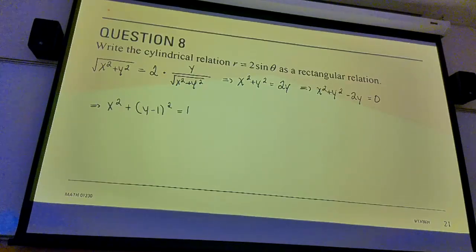This would be a cylindrical surface, an infinite cylindrical surface extending along the z-axis, of radius 1, and the cross section is always centered at (0, 1). So the cylinder itself would be centered at (0, 1).